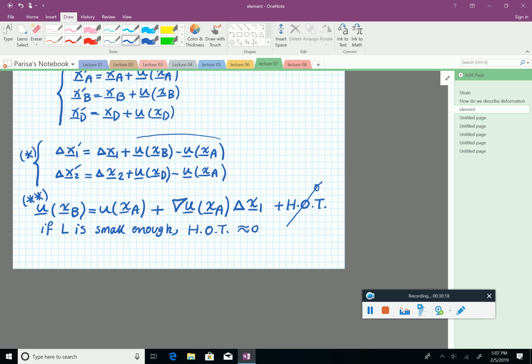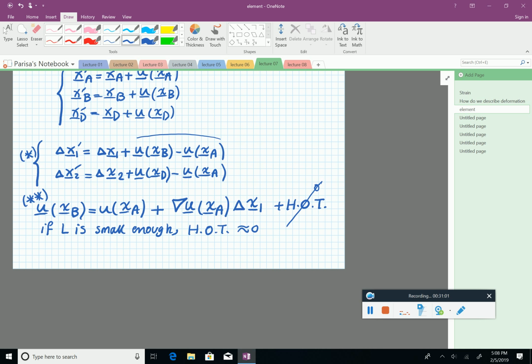Does it matter if your L primes are not small? It cannot be. If you have a very small element and you are saying that it will become very large, then you go out of the realm of elasticity of this class. You cannot use any of these theories. So it doesn't work for like a rubber with a high... No. Large deformation is completely a different story. That's a good question. But that's why I emphasize everywhere that the element is small, L is small, and everything is a small deformation.